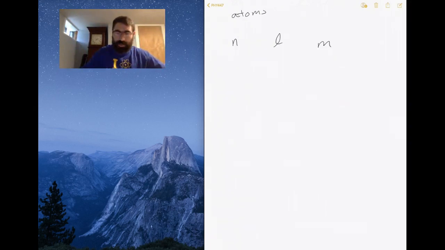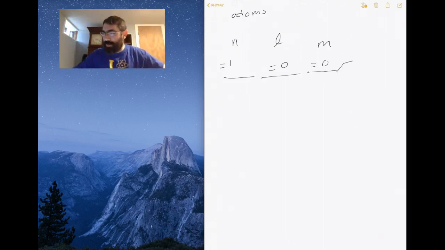Let's say that N equals 1. Then the only possibility is L equals 0. The only possibility is M equals 0. But now that M equals 0 state has two possibilities. Once I put a magnetic field on it, I now have a 1/2 h bar amount of angular momentum.